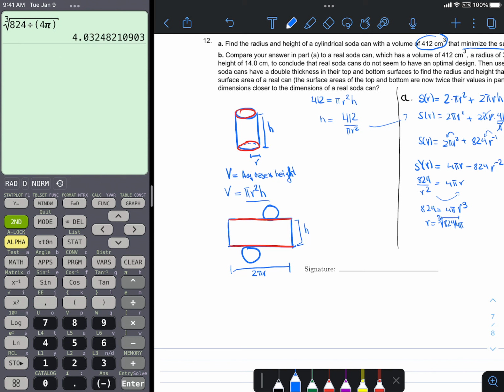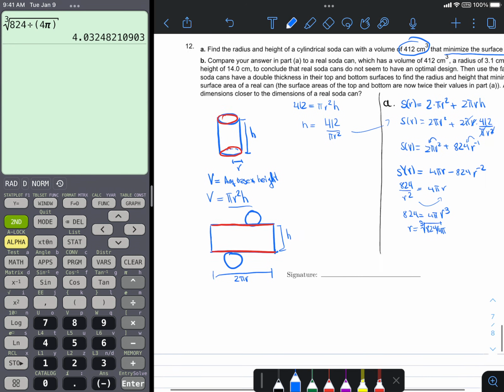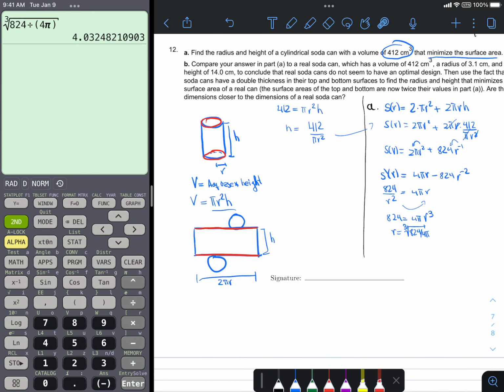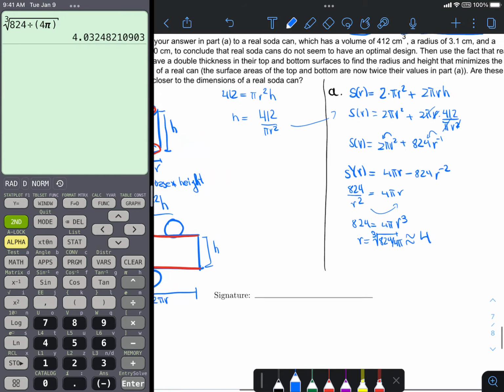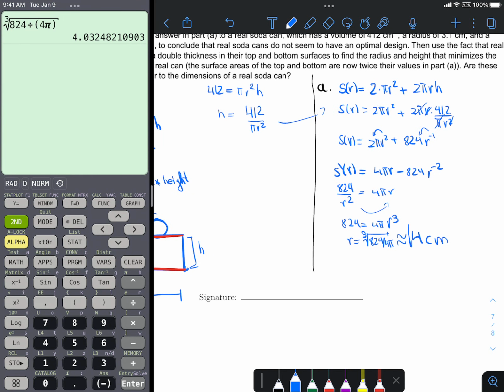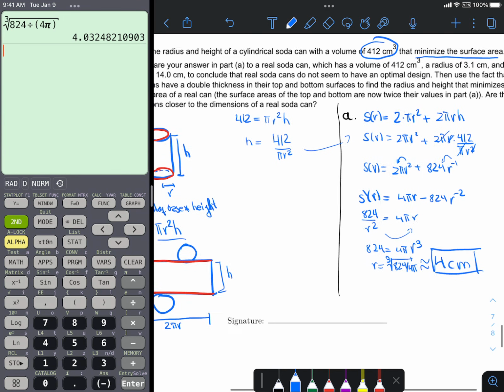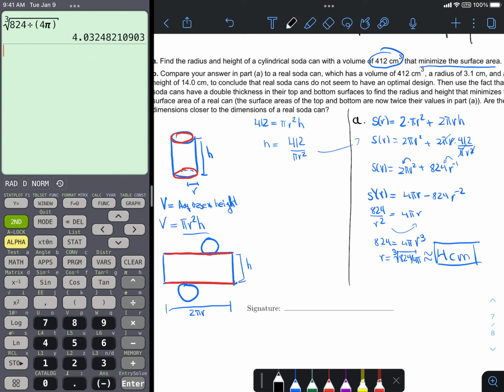So that's approximately 4.03. I see that my answers here are all at 1 decimal place. So that would be approximately 4 centimeters, which is not what part B is giving us.